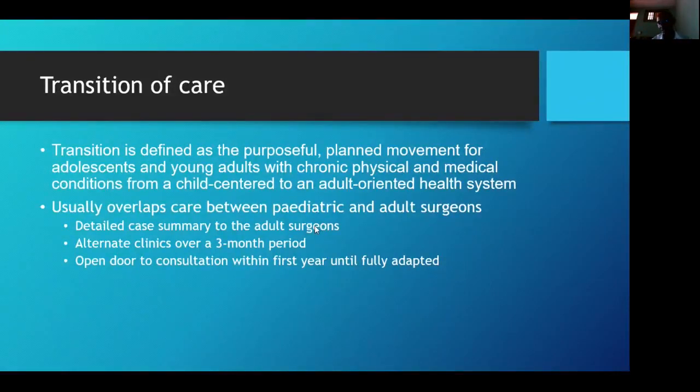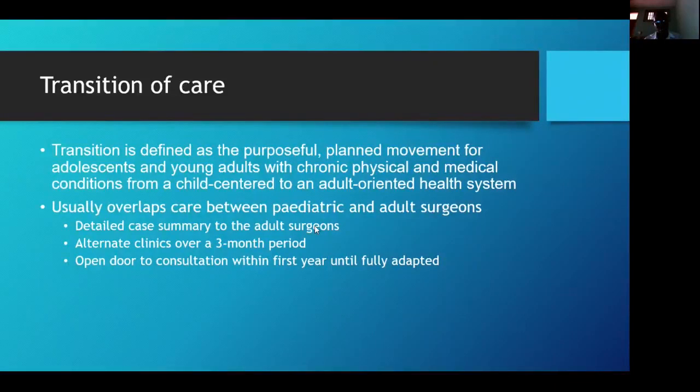One would start by introducing them to adult surgeons. The first way is to do a detailed case summary highlighting the initial challenge for which the child was managed, then what was done for the child and the child's current state.